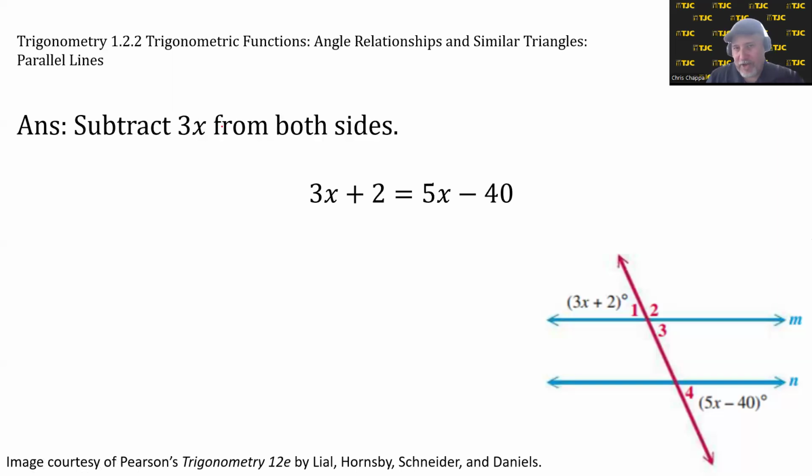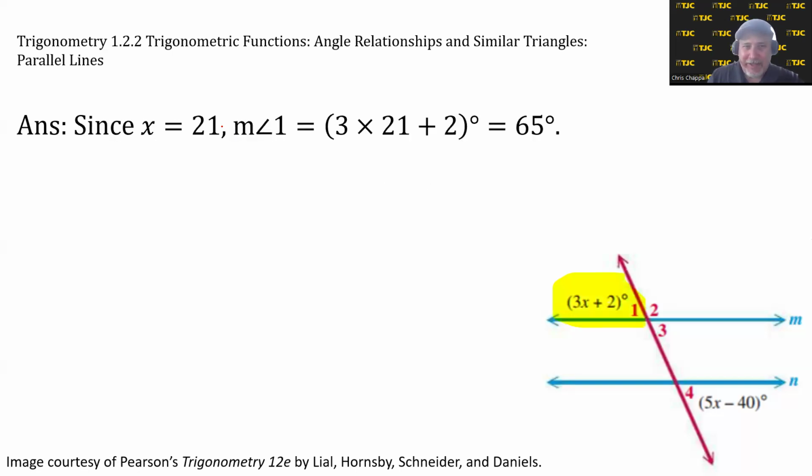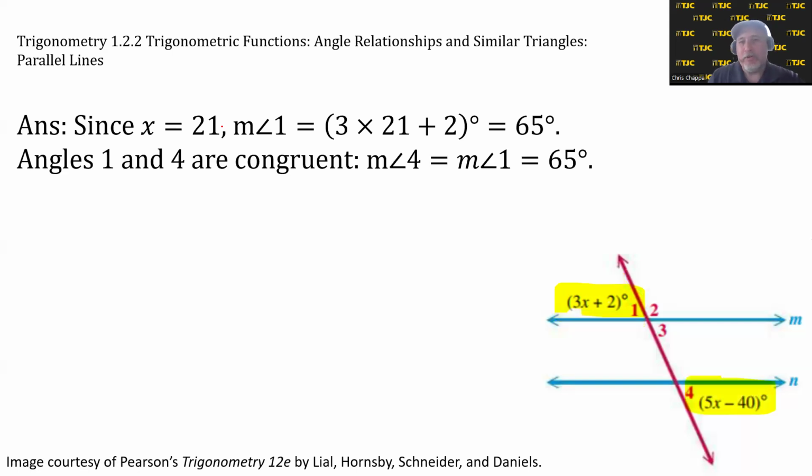Subtract 3x from both sides. 5x becomes 2x. Add 40 to both sides, so the 2 becomes a 42. Divide both sides by 2 to get 21. That's not an angle, but we can substitute the 21 into the measure of angle 1 to get 65. And since 1 and 4 are congruent, angle of measure 4 is also 65.